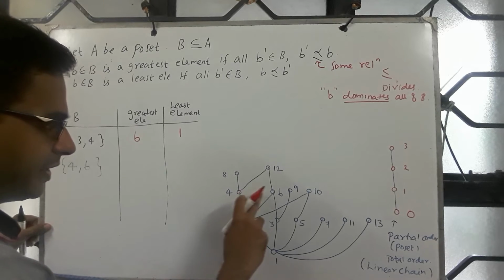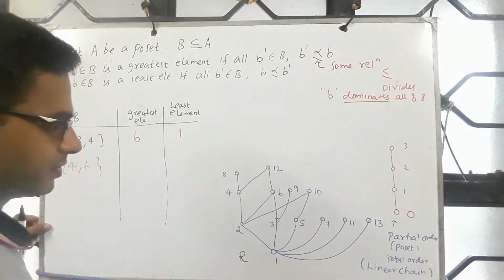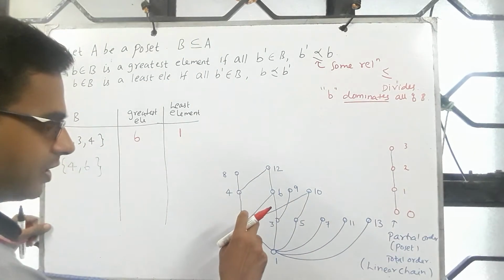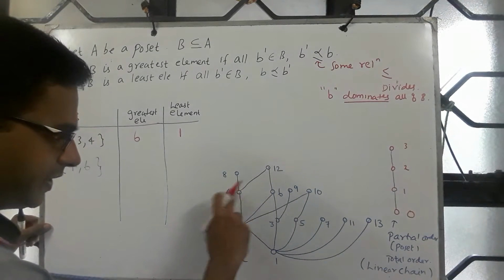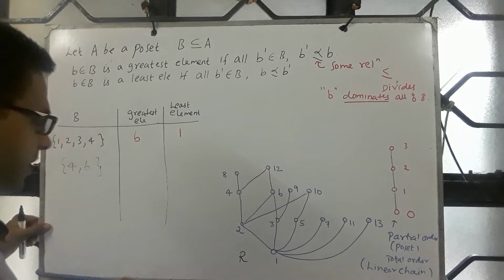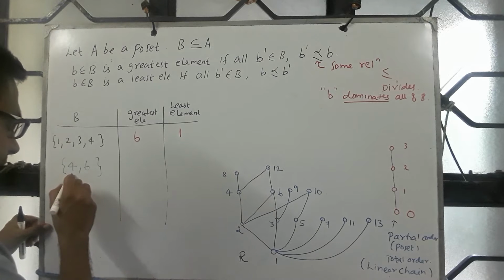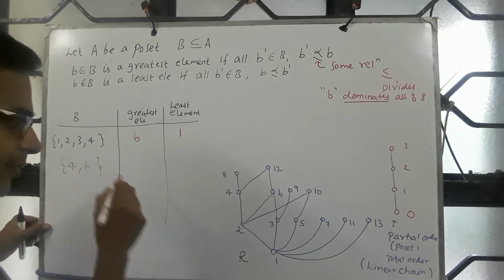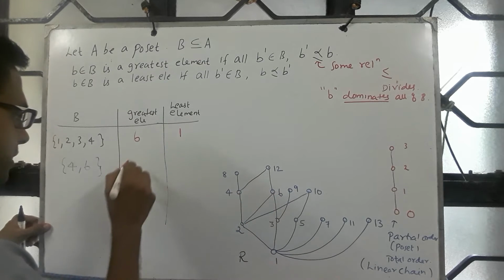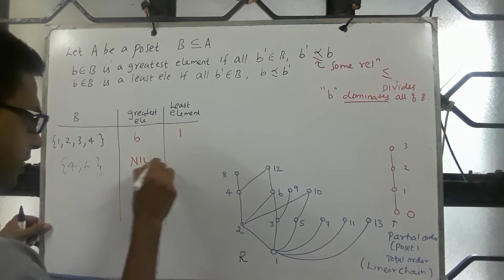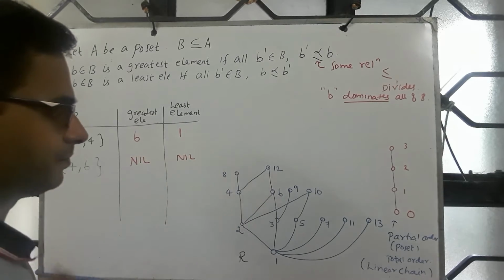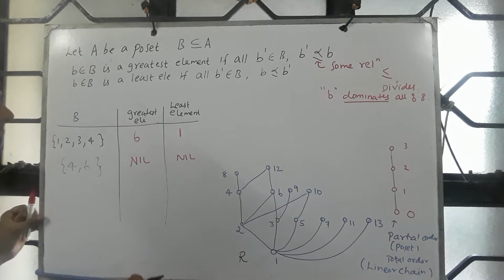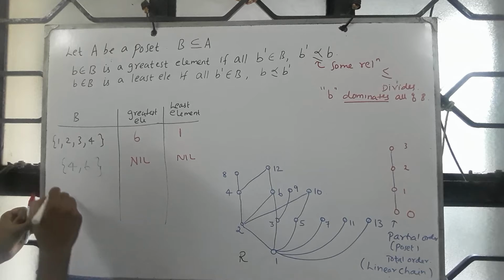And similarly, I need an element which is below this, something that dominates both and something that is dominated by these two. But are there such elements? 4 cannot be greatest because there is no relation between 4 and 6. 6 cannot be greatest, there is no relation between 4 and 6. So this one is nil, this one is also nil. Fine. So there are subsets for which you don't get greatest and least elements.